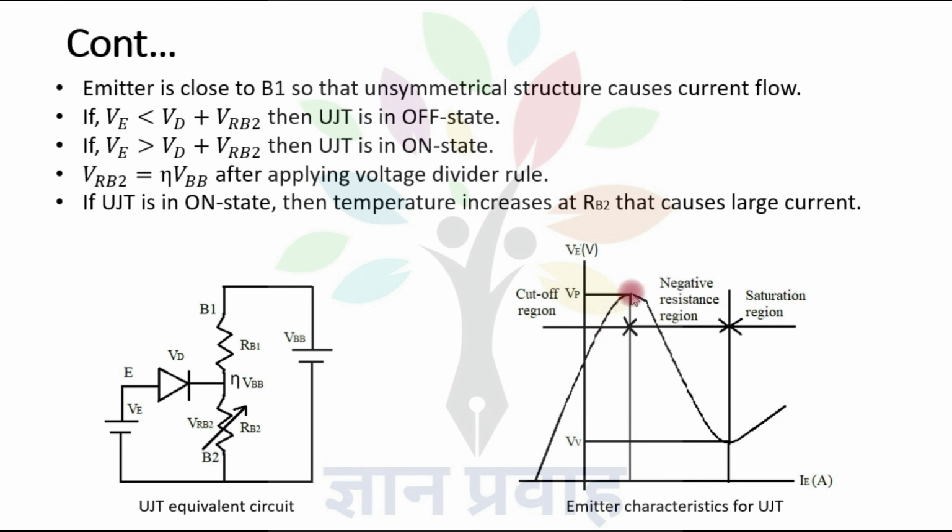This one is the peak voltage and this one is the valley voltage. So up to the peak voltage, UJT is in the cutoff region. Between peak voltage and valley voltage the region is negative resistance. And after the valley voltage, UJT enters the saturation region.